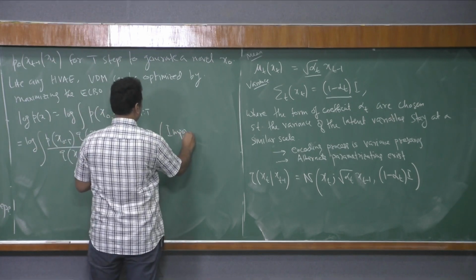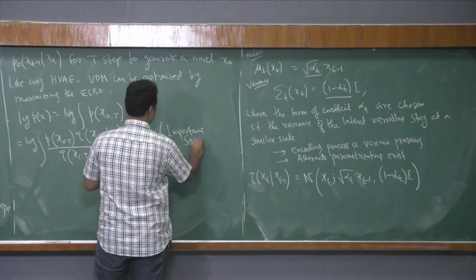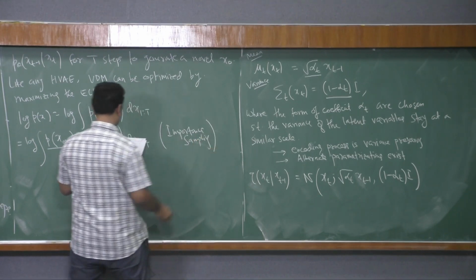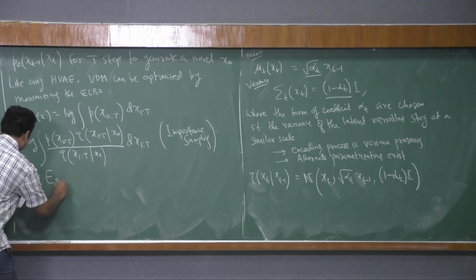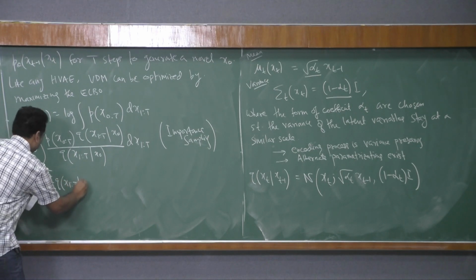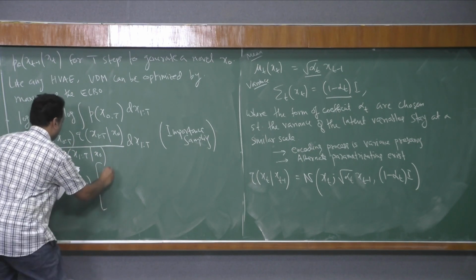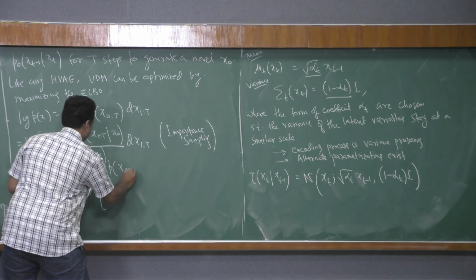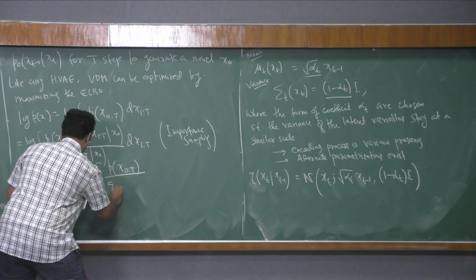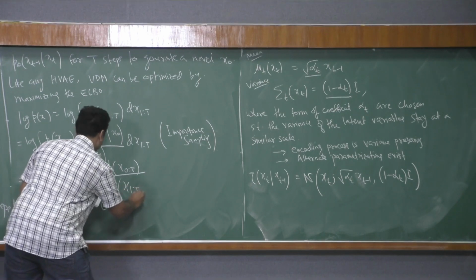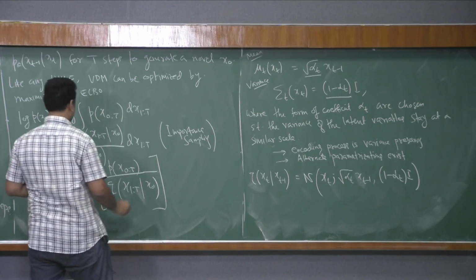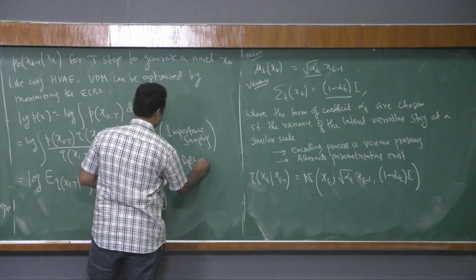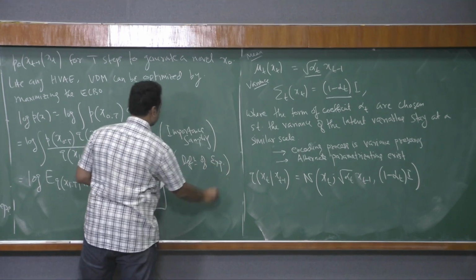And then as usual we write this as expectation over q of x 1 to t given x naught of p of x 0 to t divided by q of x 1 to t given x naught. So this is again a definition of expectation.